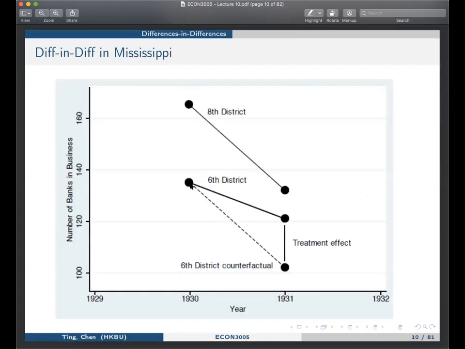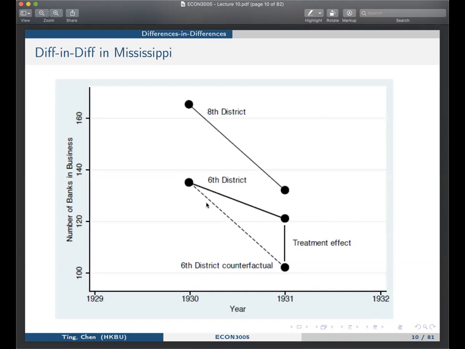If the 6 districts have the same time trend, then the difference between the pre-treatment 6 districts and the counterfactual outcome, if there is no policy change, will be between these 2 points. So the difference in the vertical line should also be 33.